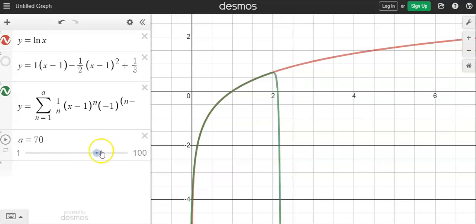It appears as though this Taylor polynomial function converges on top of that natural log of x function only between x equals 0 and x equals 2. That's it. What's up with that? Keep watching. I'm going to share something about that.